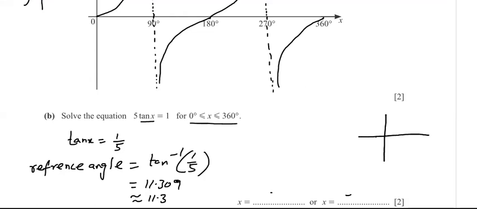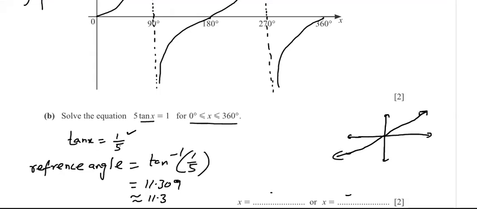let's take this, make the quadrants, and remember the fact that tangent is positive in the first quadrant and in the third quadrant. These are the two quadrants where tangent is positive. As this value is positive, you will show the angle in the first quadrant and in the third quadrant.